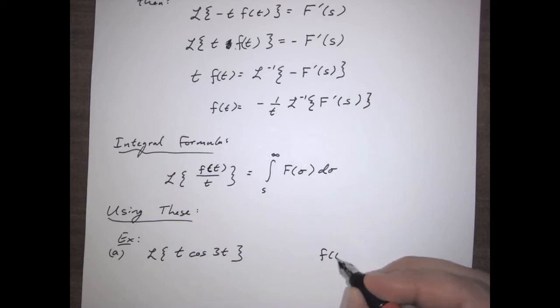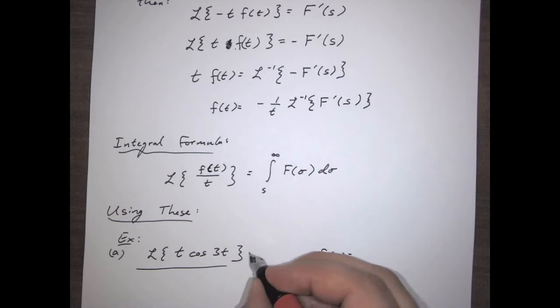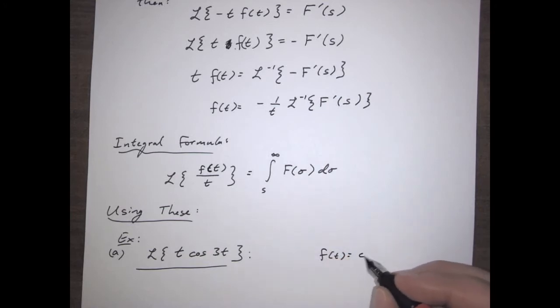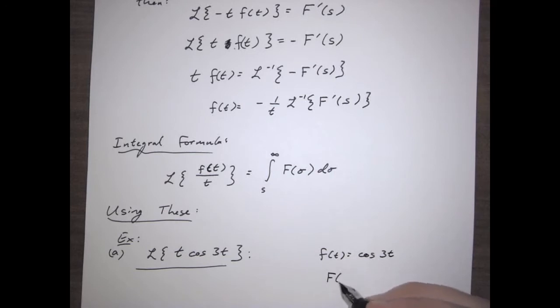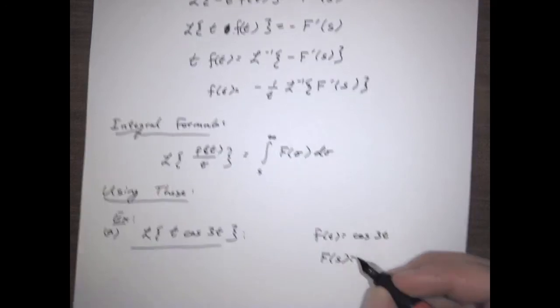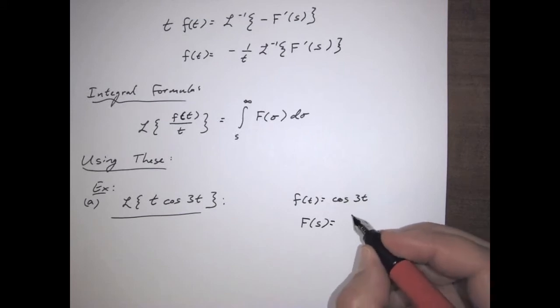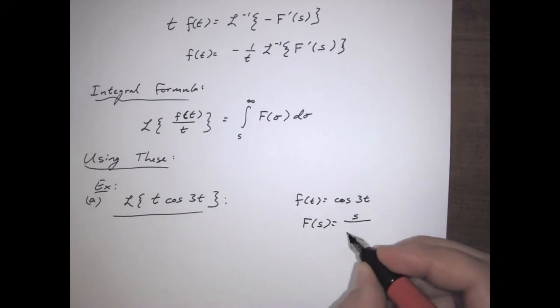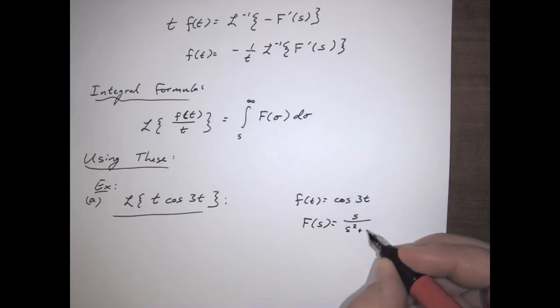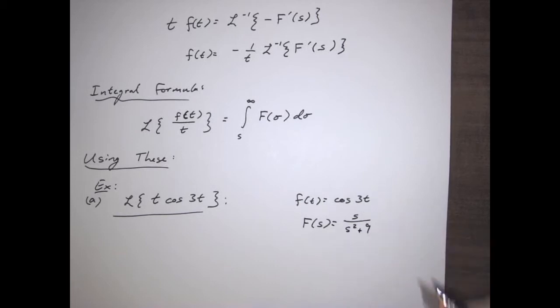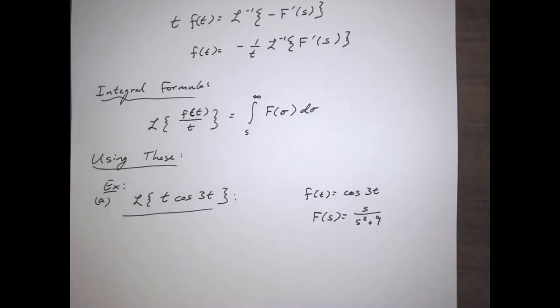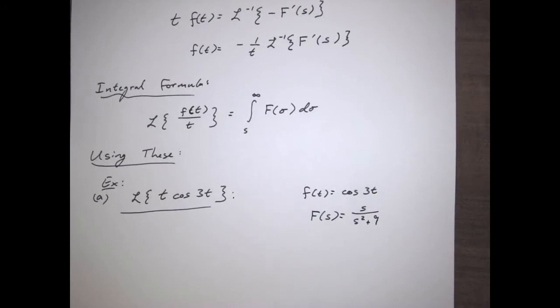So f(t) is going to equal cosine 3t, which means that F(s) is going to equal s over s squared plus k squared, which is 9, according to our table of Laplace transforms.